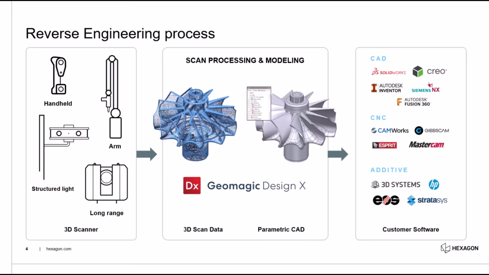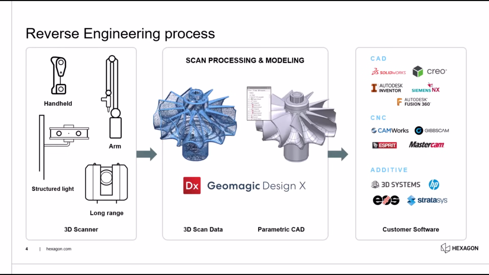The second one down is we can then save out models like STEP, IGES, neutral, all these different native interchange formats to send straight to CNC packages for cutting directly, or additive. Some additive packages will take CAD models or meshes, and we can save out to those as well.